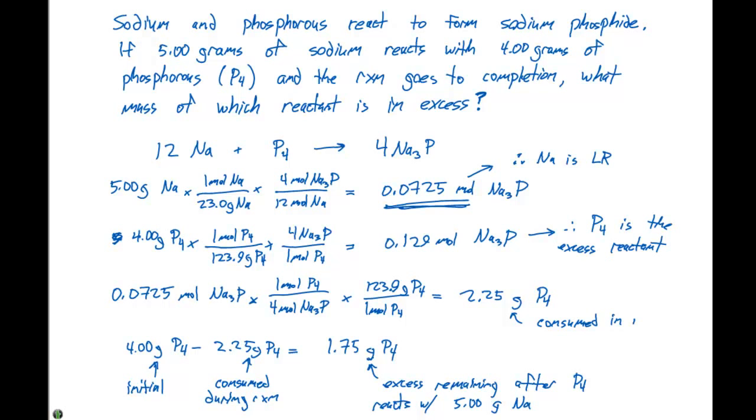So this value right here is the mass of the reactant that is left over after our reaction completes, and the excess reactant here is our phosphorus.